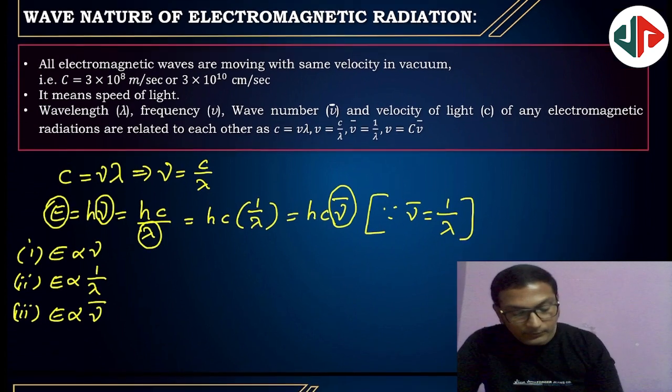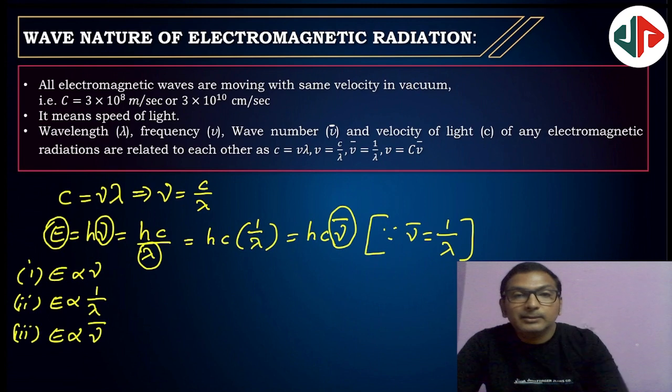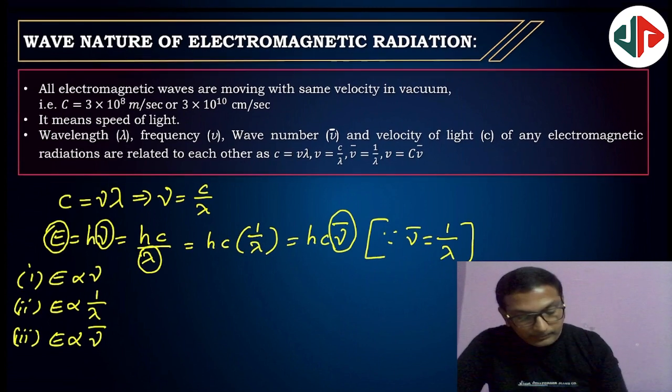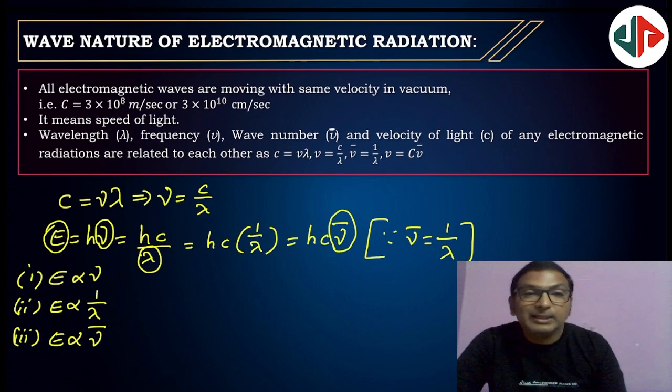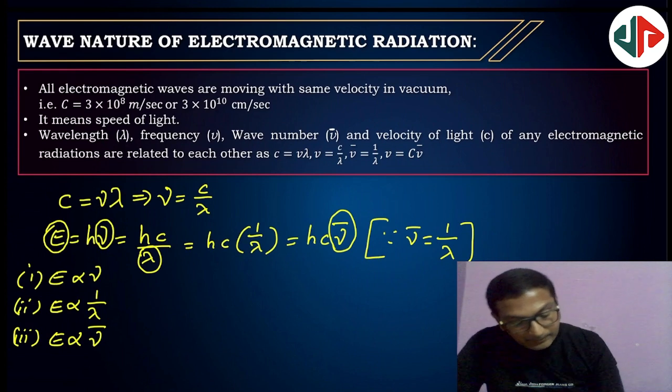Next, one more important point. You know different types of electromagnetic radiations. First, cosmic rays. Next, gamma rays. Next, X-rays.